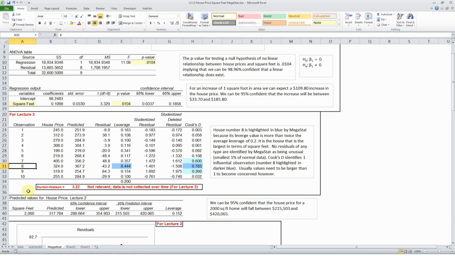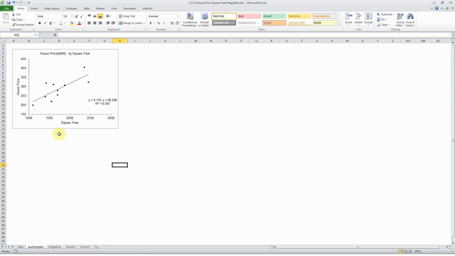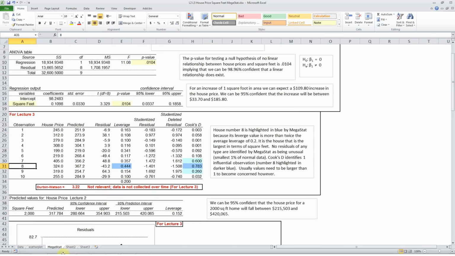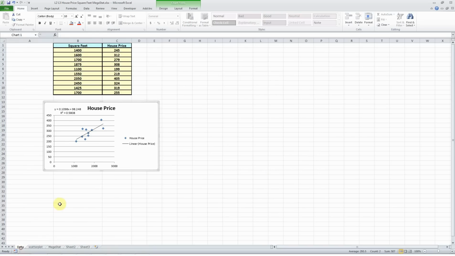What is observation 8? Going over to here, we've got 1, 2, 3, 4, 5, 6, 7, 8. It looks like it's this point right here. Another way to do that is observation 8 is going to be from our data, 1, 2, 3, 4, 5, 6, 7, 8.